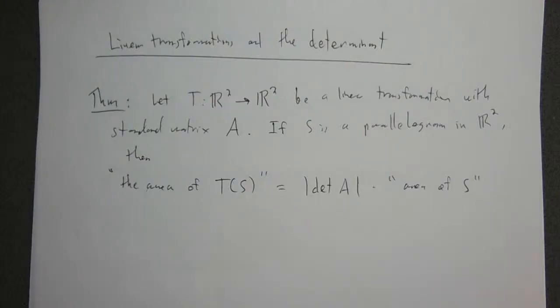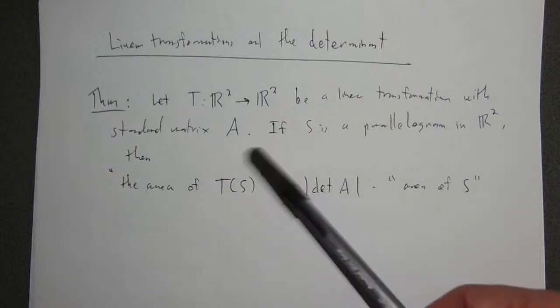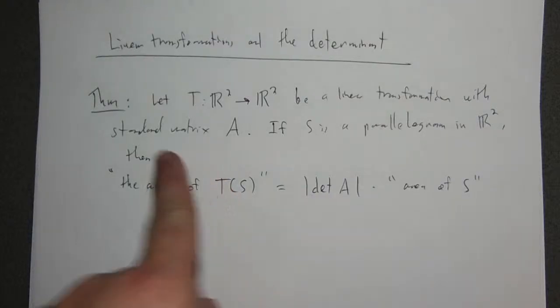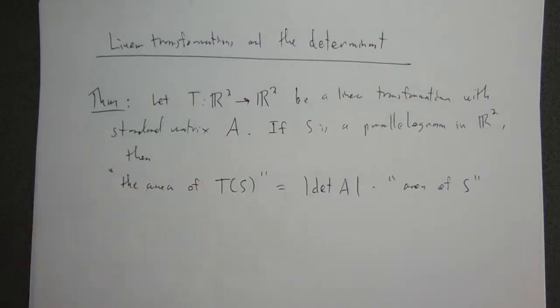This statement says that a transformation T having a standard matrix that has determinant plus or minus 1 doesn't affect the area of this parallelogram. So you can map that parallelogram with T. It does something to it, but whatever it does to it, it doesn't actually change its area. So that's if the standard matrix for T has determinant plus or minus 1.